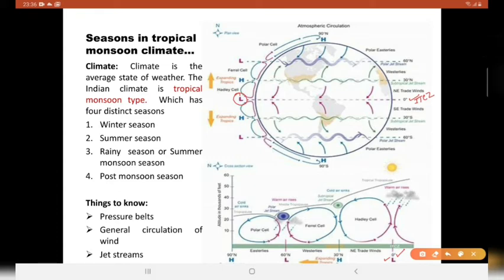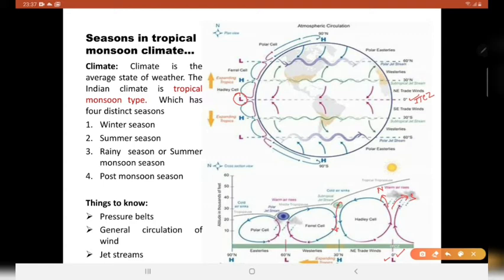Now, in the upper atmosphere, this warm air gets cooled and bifurcates in two directions, one towards south and another towards north. After cooling in the upper troposphere, it becomes heavy and so it settles down at 30-degree latitudes in both hemispheres.